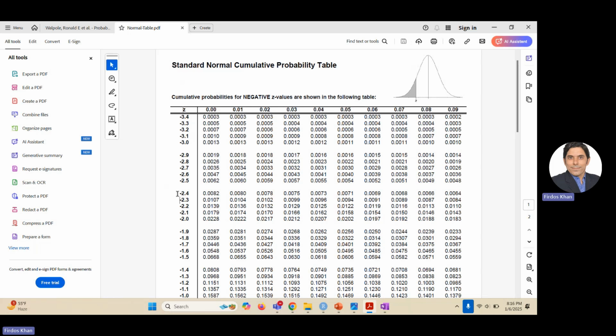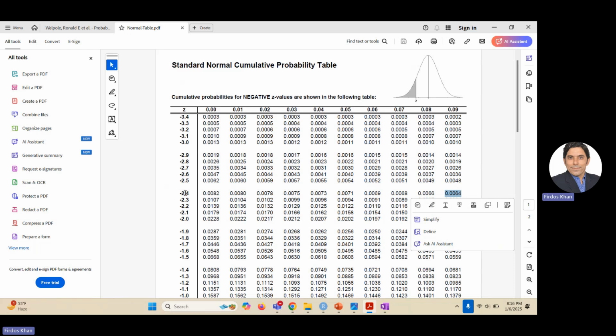Similarly, you can read this column. This can be minus 2.40, and the last value can be minus 2.49. So this probability, the last one, is for the z value of minus 2.49.